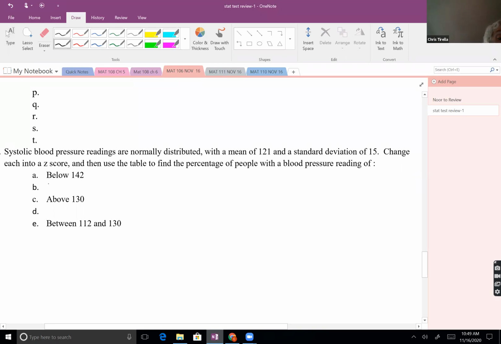So below 142, remember the Z-score is the value minus the mean divided by the standard deviation. So it would be 142 minus 121 divided by 15, which is 21 divided by 15, which is 7/5, which is 14/10, which would be 1.4.